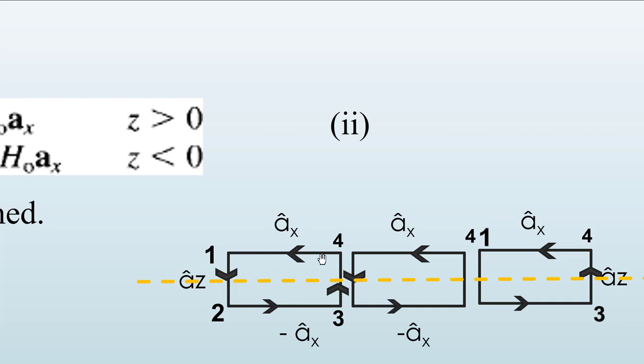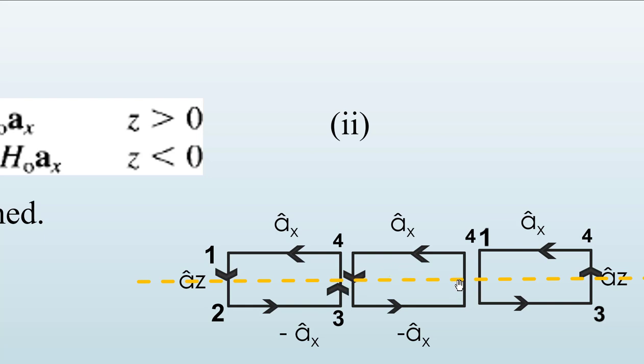So for the first filament, or the first current loop, Az is going downward, this Az is going upward, Ax is going in this direction, and this is minus X. Similarly, there is another filament where there is one Az going in the downward direction here. So these two Az, one is plus, another is minus, so they will cancel each other.